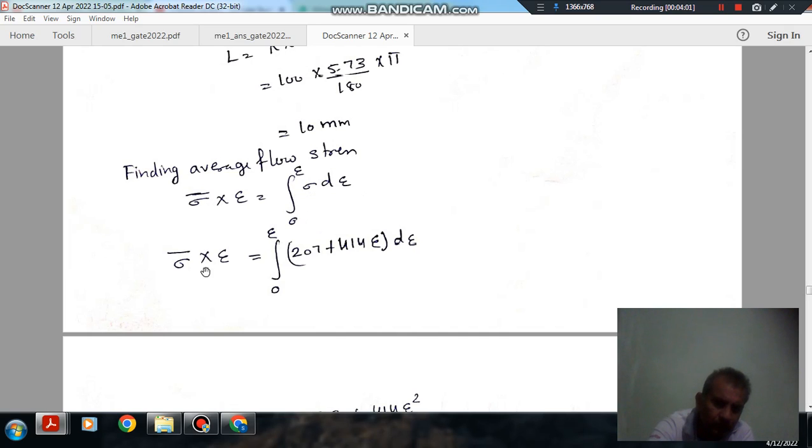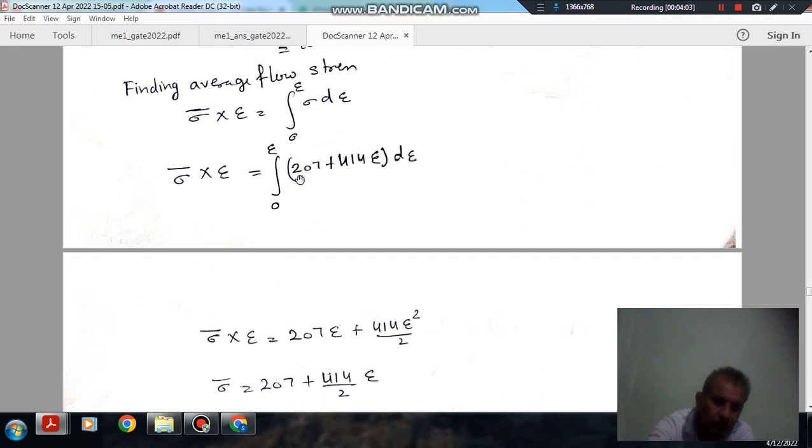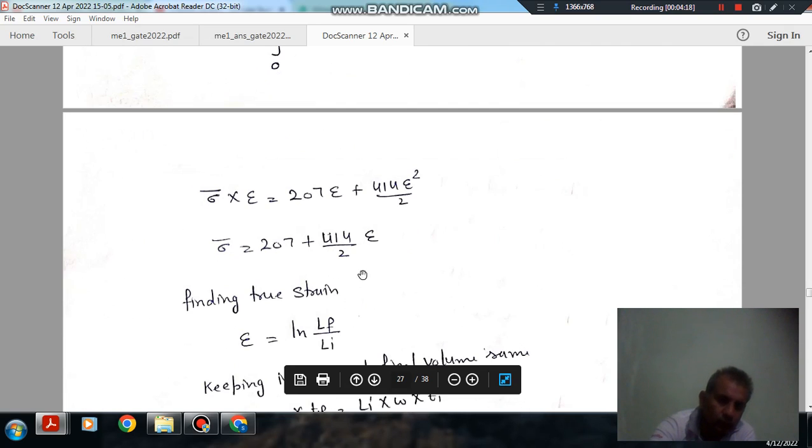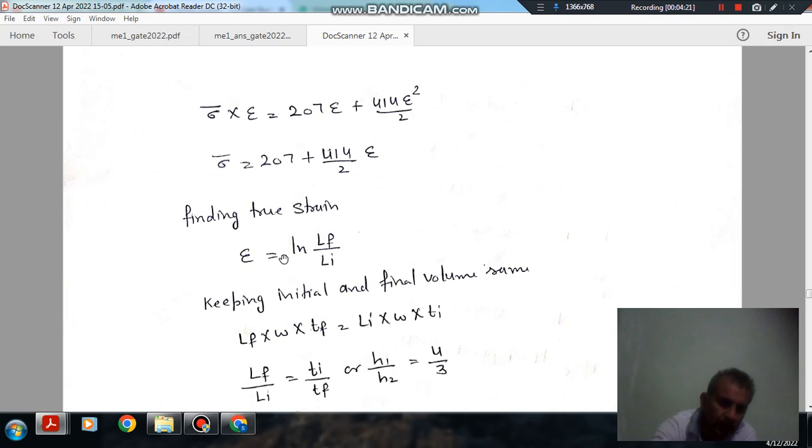So by using this, we can find out sigma bar. If we integrate it and put the limit, sigma bar comes out as 207 plus 414 by 2 epsilon. So this sigma bar is in terms of true strain, and true strain is given as ln lf by li.